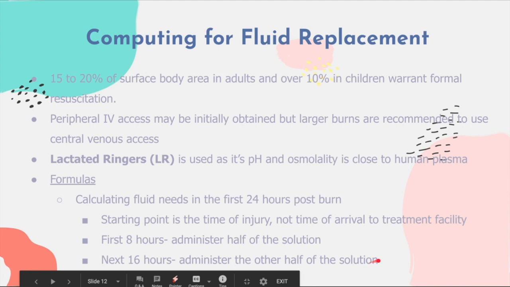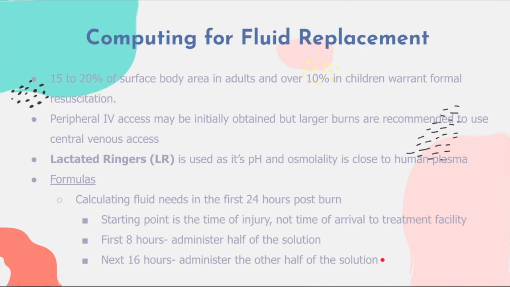As a warning, despite the formula suggesting cutting the fluid rate in half at 8 hours, the fluid rate should be gradually reduced throughout the resuscitation to maintain the targeted urine output. So do not follow the second part of the formula that says to reduce the rate at 8 hours, and we should adjust the rate based on the urine output.